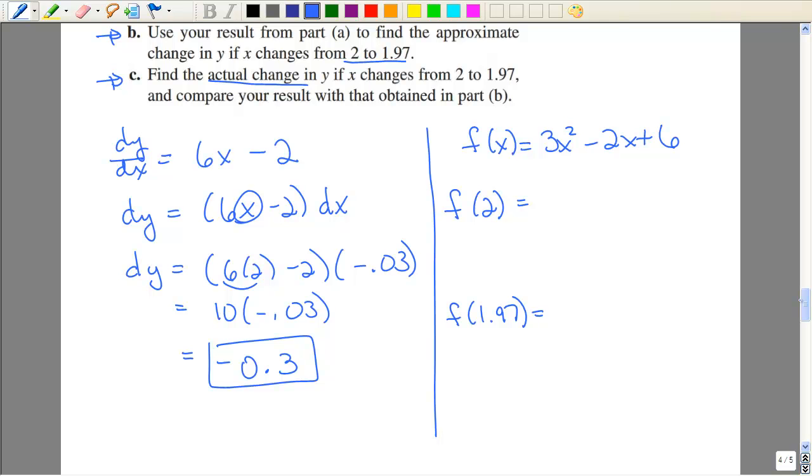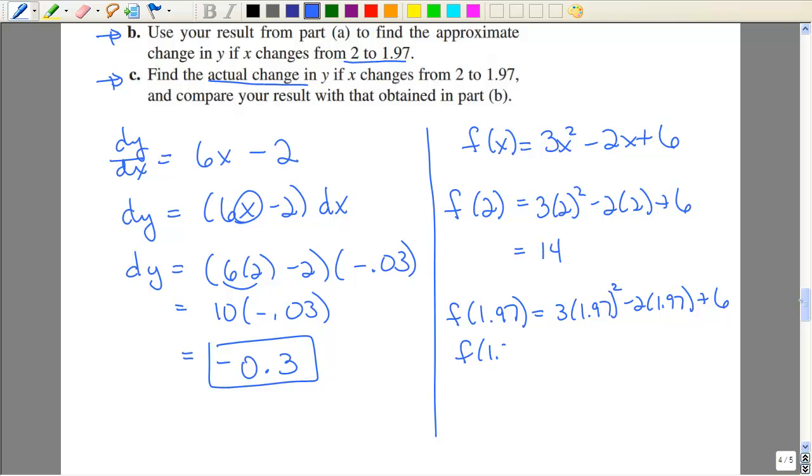All right, so when I plug in 2, that's not so bad. Probably don't need a calculator for that, but the 1.97, a calculator would make it a whole bunch easier. So let's calculate those two things. So this is 14, and that's 13.7027, and I carried out all the decimal places.